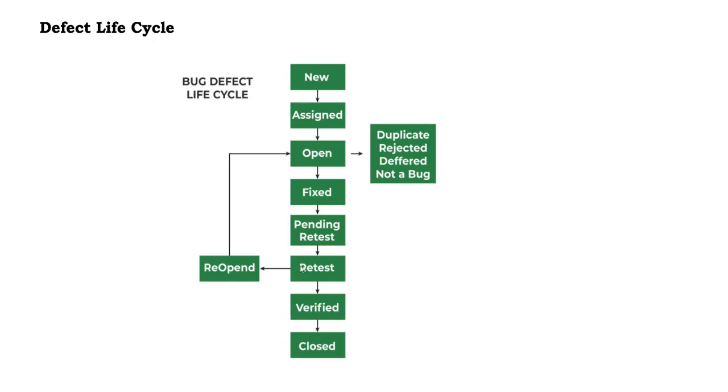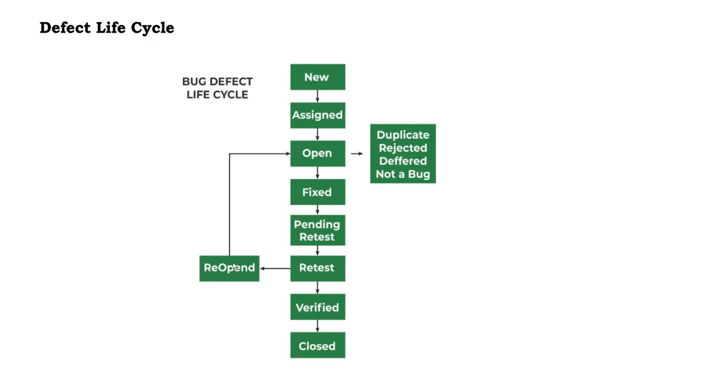Otherwise, if you feel that the defect still exists, then you will reopen it. Once you reopen it, again he has to work on the defect and then fix it. The same flow comes here again. If it is not fixed, then you can mark it as reopen.